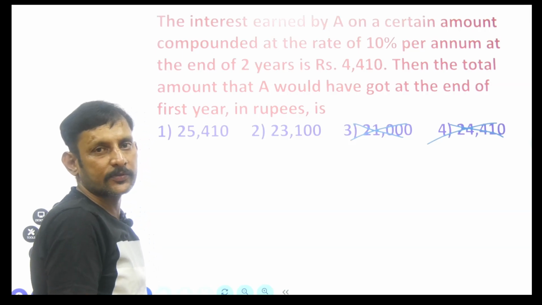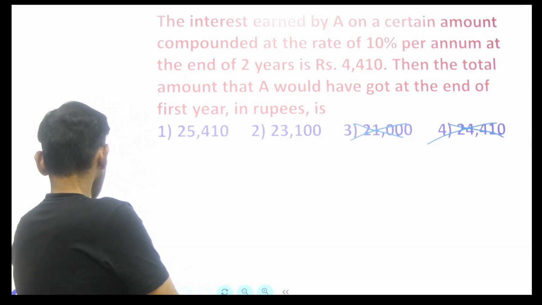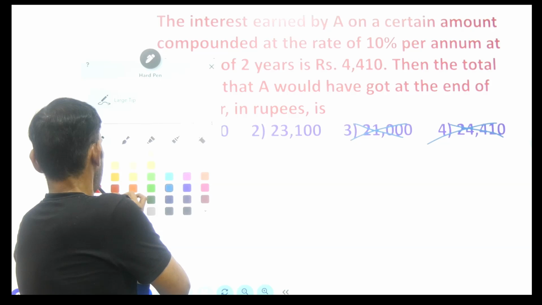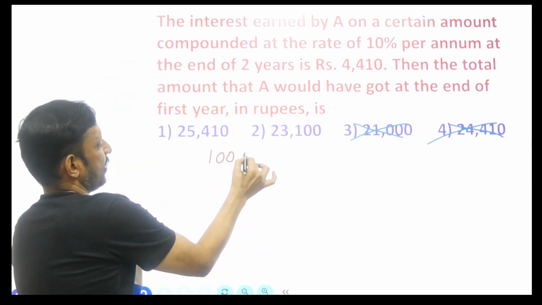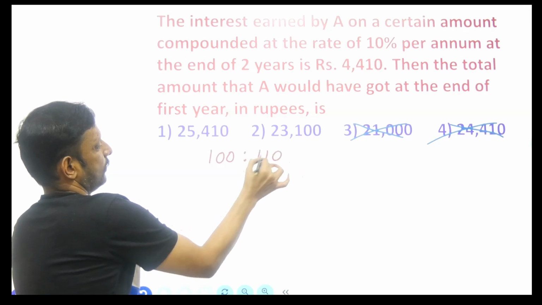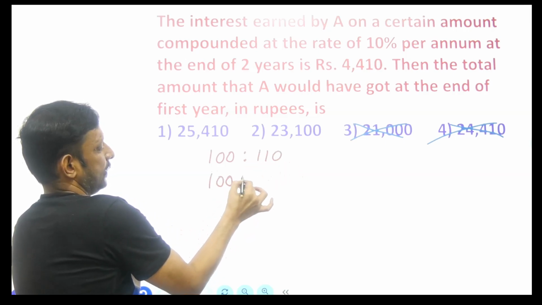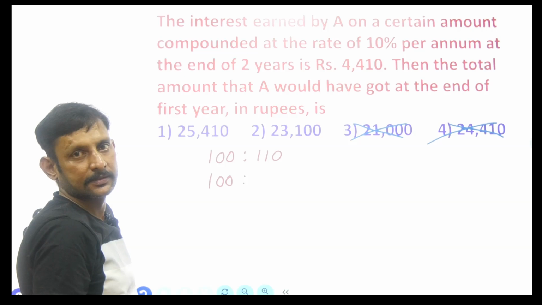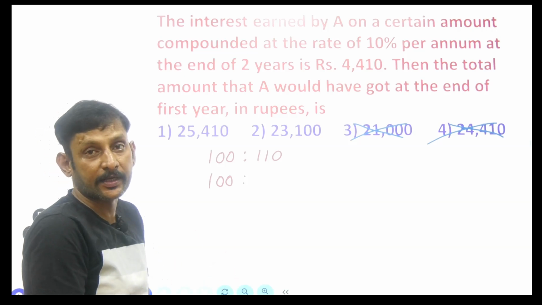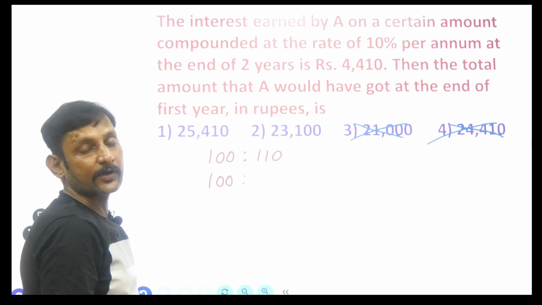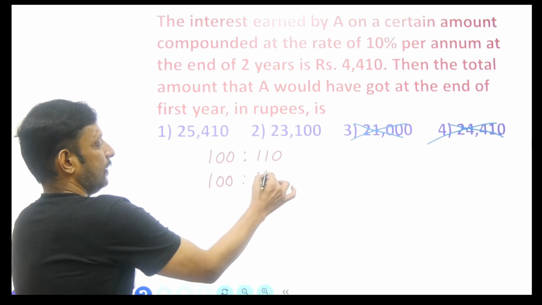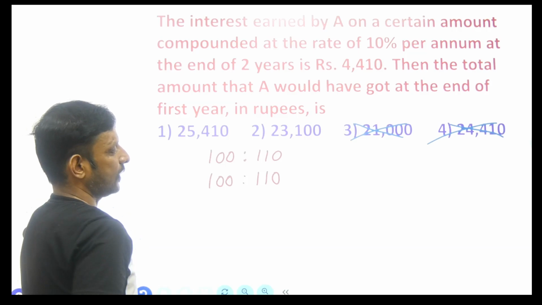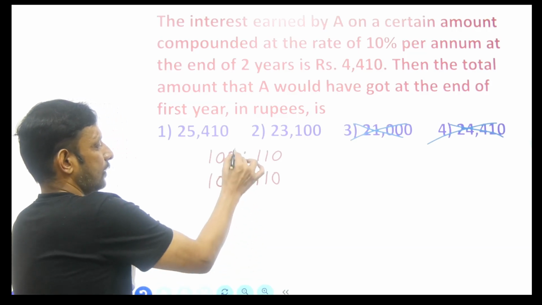So let us do the procedure now. According to compound interest, at the rate of 10% per annum, let the initial value be 100 units. At the rate of 10% it becomes 110. For 2 years, consider the ratio 2 times: 100 is to 110 and again 100 is to 110.